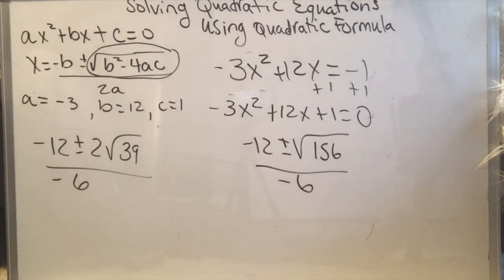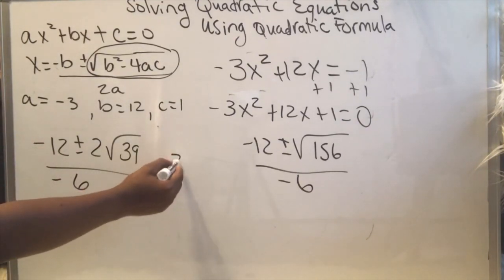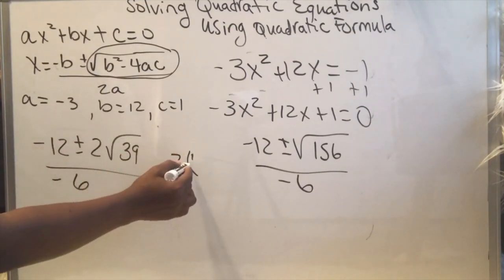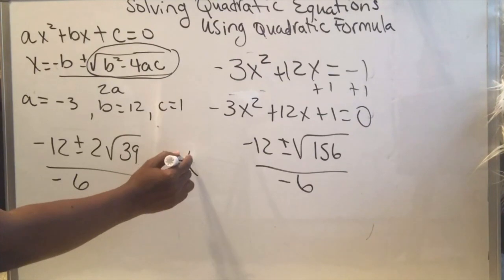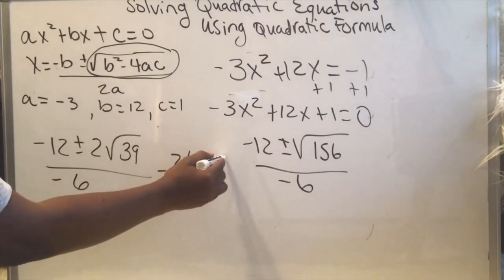So now that we have that, we can simplify. Since all of these are even, we can take out a 2 from the top. So when we take out a 2, we're left with negative 6 plus or minus square root of 39.